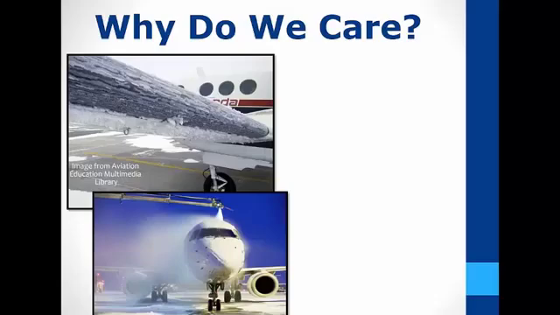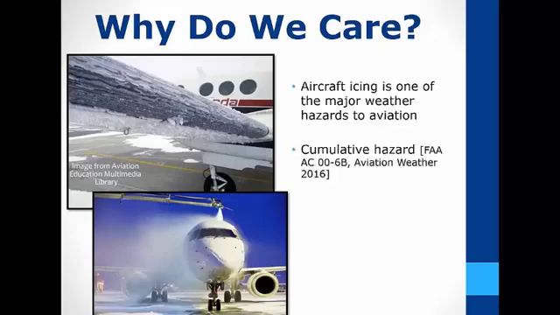Here are some examples of what icing looks like, and it's a cumulative effect, meaning the longer an aircraft sits in an air mass that's producing ice, the worse the hazard becomes. Icing on an aircraft increases the aircraft weight and reduces the aerodynamics of the aircraft itself.